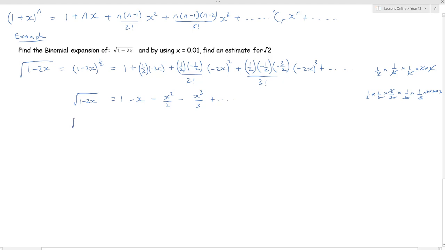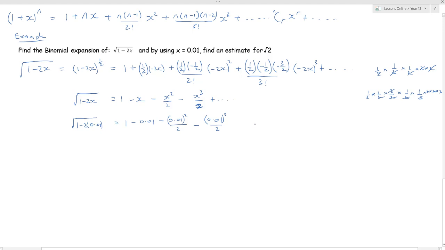So that means the square root of 1 minus 2 times 0.01 is equal to 1 minus 0.01 minus 0.01 squared over 2 minus 0.01 cubed over 2, apologies, that should be a 2.